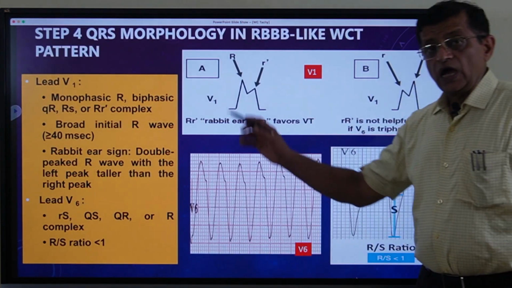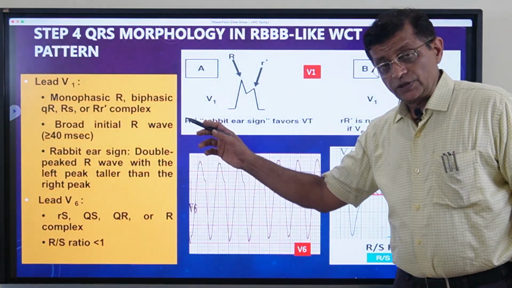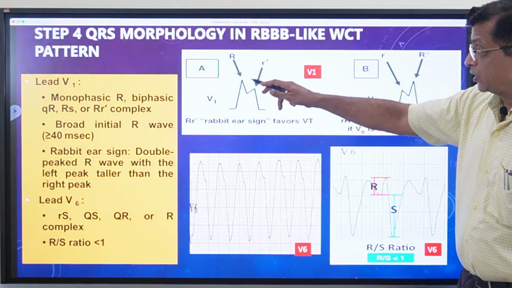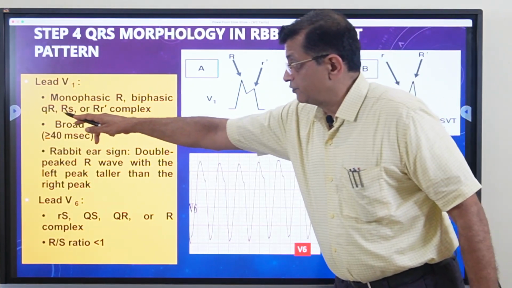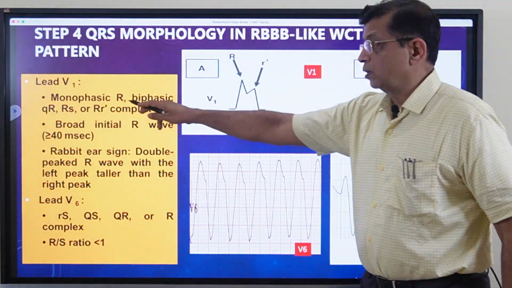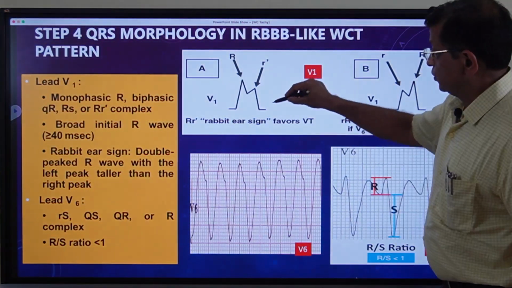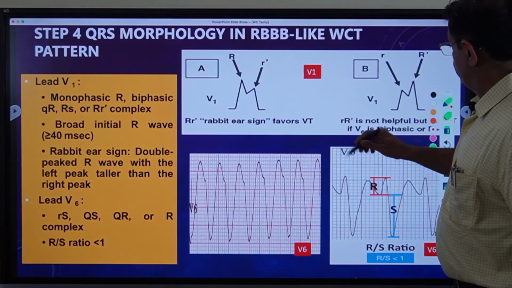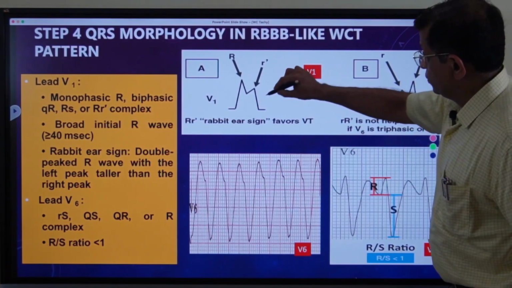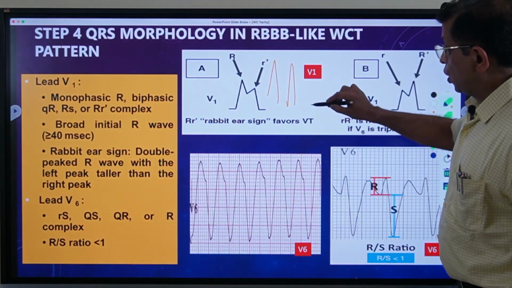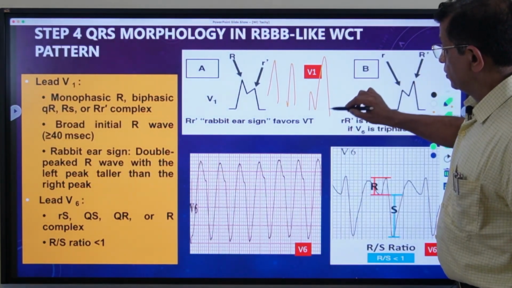If the patient has RBBB like wide complex tachycardia, then in V1 you have to have a complex something like this. So either you have to have a small q and tall r, or a monophasic r, this type of monophasic r or small q and tall r.